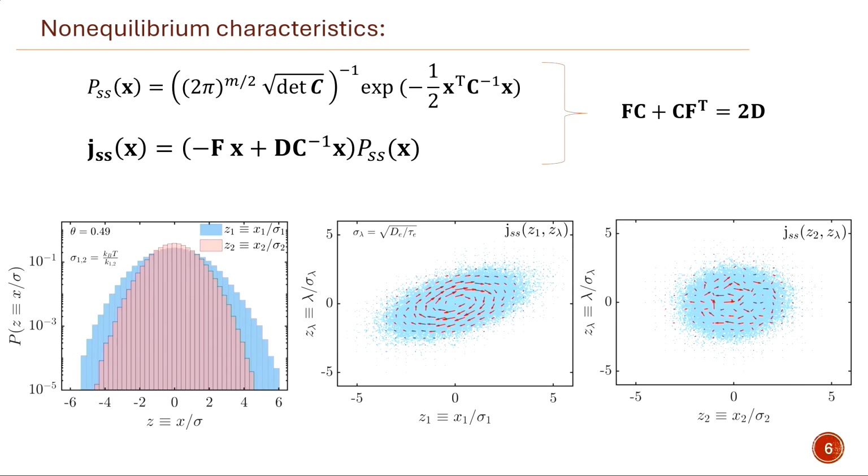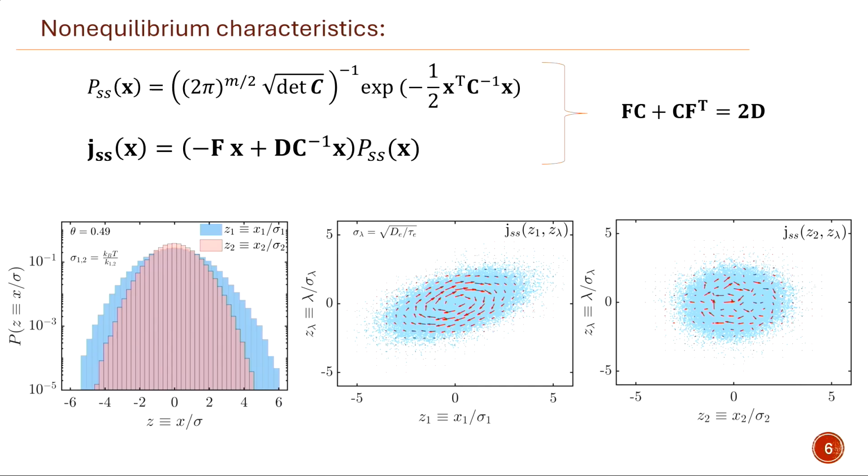So each marginal will be Gaussian, and we see from the experiment that the driven particle, which is this sky blue color, has a higher variance than the fixed particle, and you can see the non-equilibrium current in the phase.